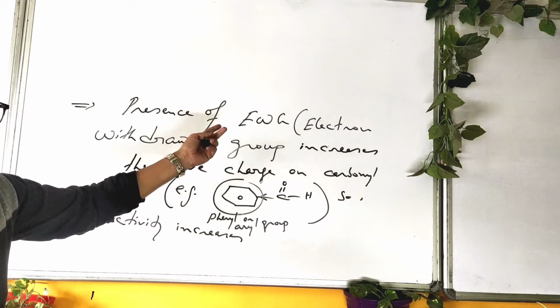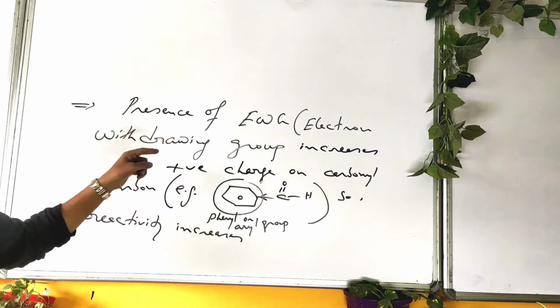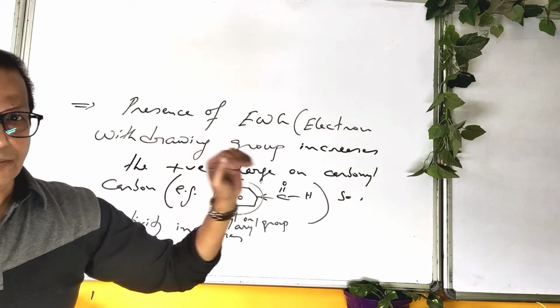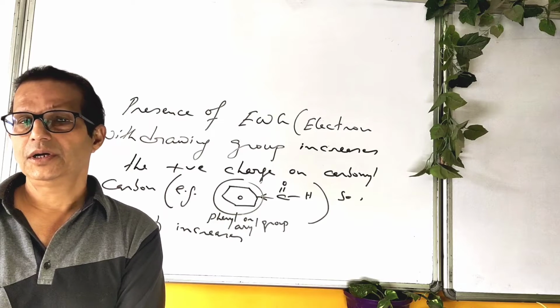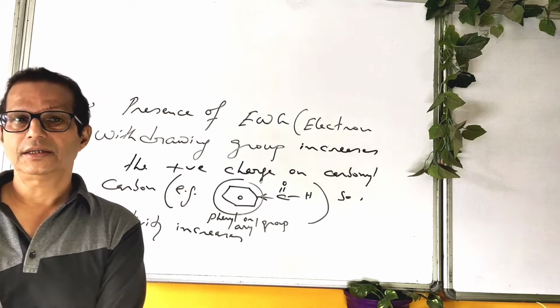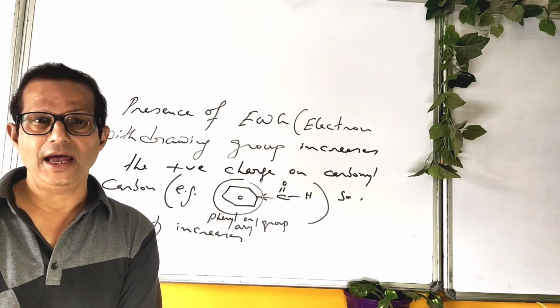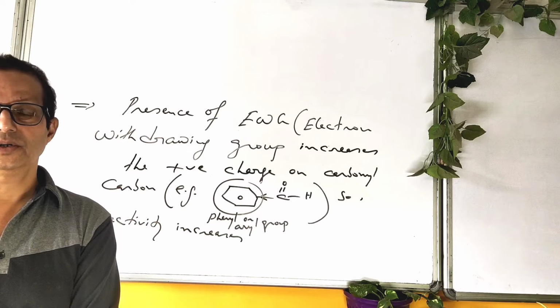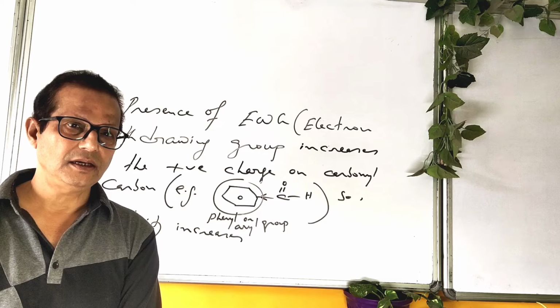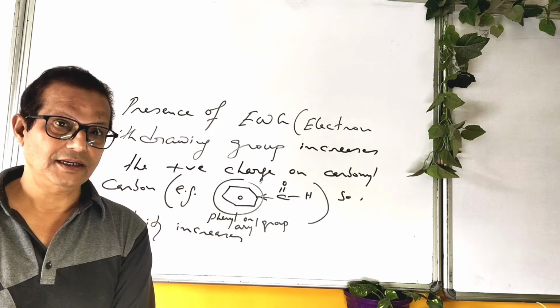In reverse, we can say that the presence of an electron donating group such as alkyl groups decreases the positive charge on carbonyl carbon and thus reactivity decreases.